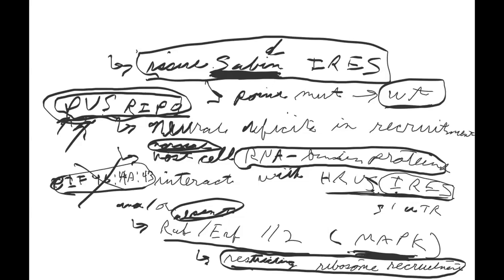Okay, so there are proteins that prevent this from happening, and in normal cells, RAF is not activated. The MAPK is low, right? So because of this, it's doing a restriction on the ribosomal recruitment.